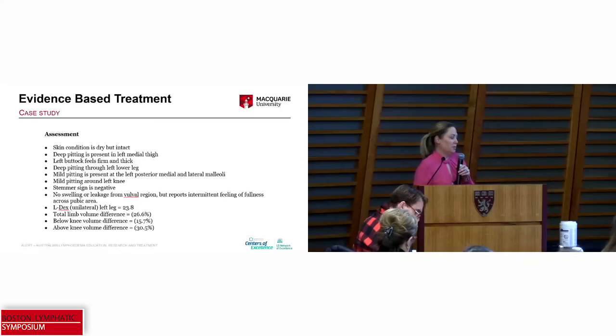She has no swelling or leakage from the vulval region, but she does report intermittent feelings of fullness across that pubic region. Her L-Dex is at 23.8. That's a unilateral L-Dex. She's got a 26.6% overall volume difference. Below the knee is 15.7 and above the knee is about 30.5.